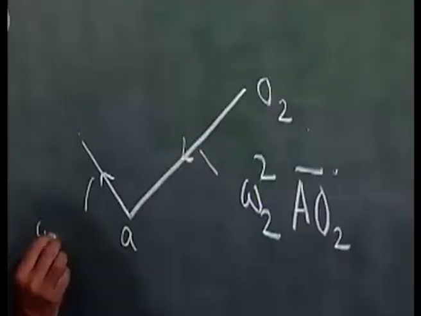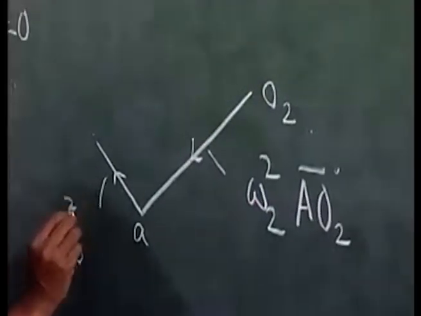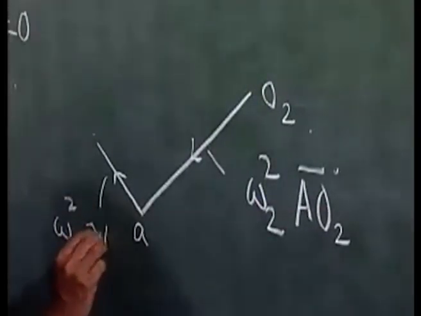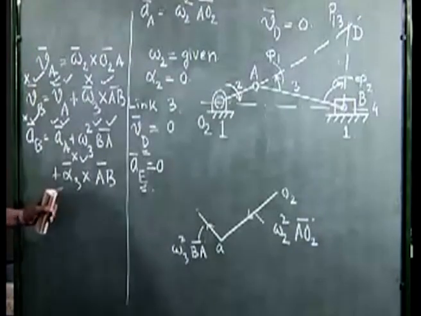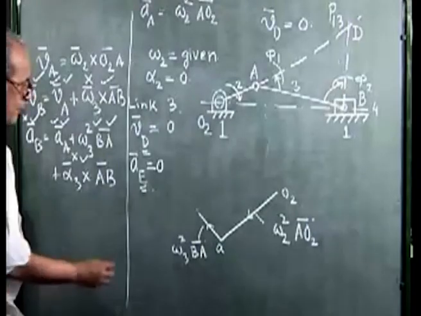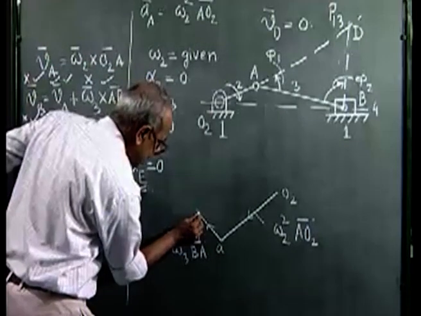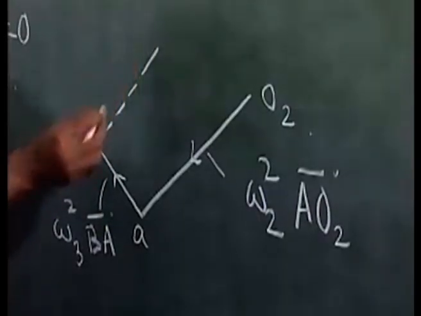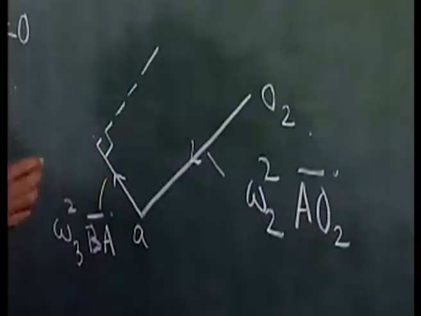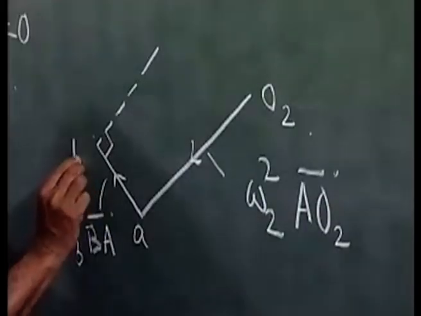This is omega 3 squared BA. Now alpha 3 cross AB will be perpendicular to this vector. So I draw a line which is perpendicular to this point. Let me call this point B prime.